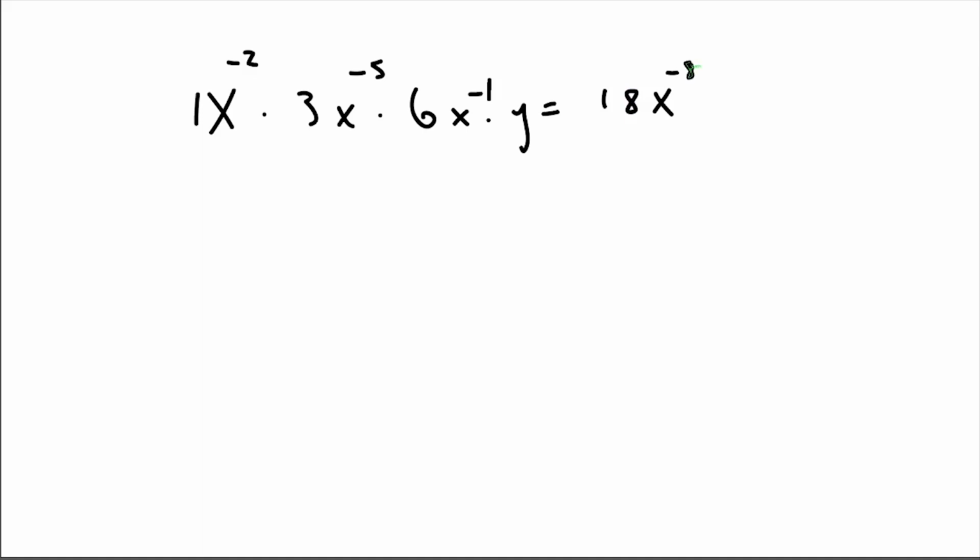So we have 1 times 3 times 6 is 18, and x to the power of negative 2 times x to the power of negative 5 times x to the power of negative 1. We add all these exponents and get negative 8, and then we put the y out in front, because we can't add the exponents of y, since it's a different variable from the x's. So this simply reduces to 18y divided by x to the power of 8.